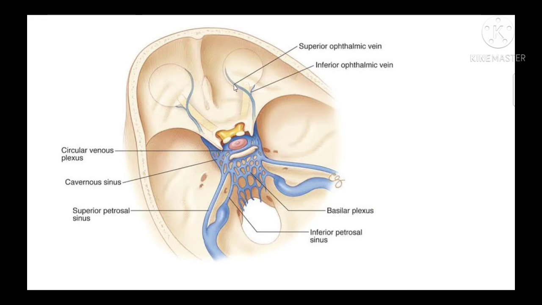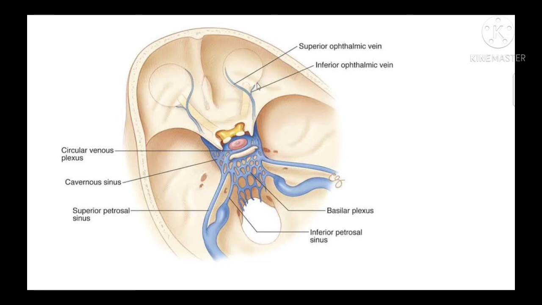Usually it's very tortuous, and it has affluents similar to the ophthalmic artery: the anterior and posterior ethmoidal veins, the superior muscular veins. Sometimes it receives the inferior ophthalmic vein as an affluent.